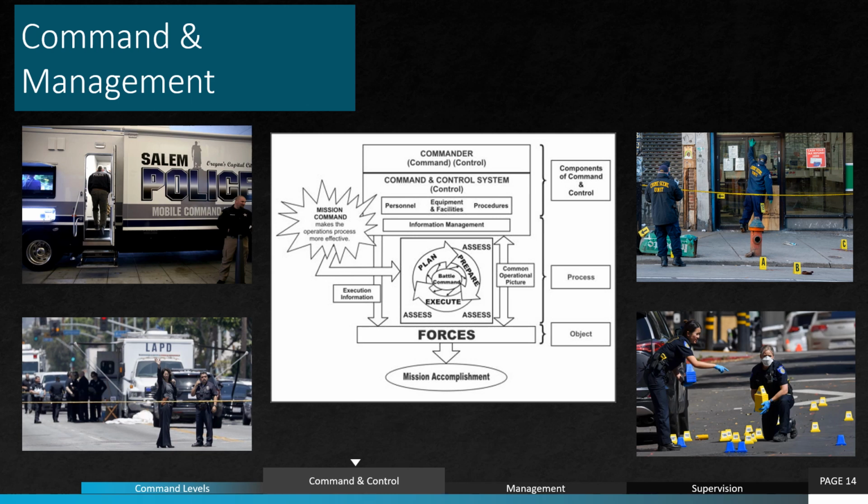With command and control, if the scene commander doesn't understand their roles properly, if they get too engaged in the actual scene, then they're not going to see the larger picture. They may miss a lot of the information that would help make better decisions. So as a commander, you have to know what the ideal role is for that commander.